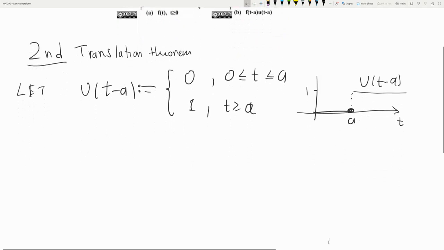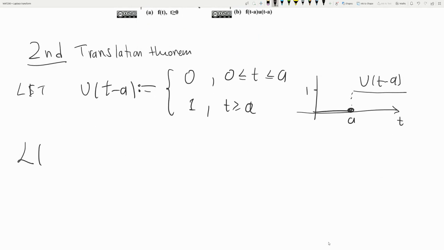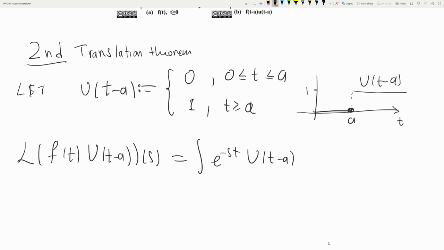Okay. So here's the theorem. If you have the product of a function with the other step function, well, what is that? It's the function times the step function.